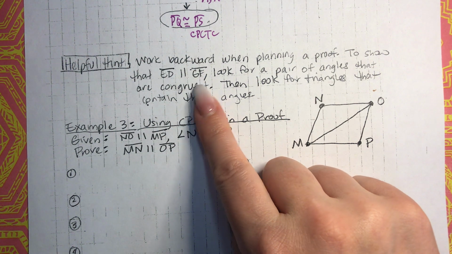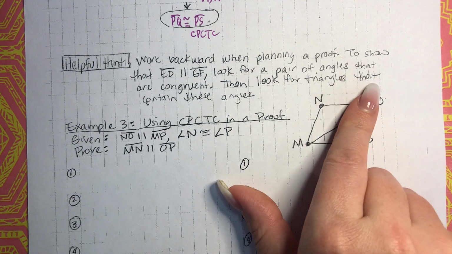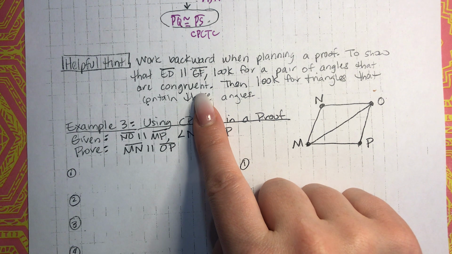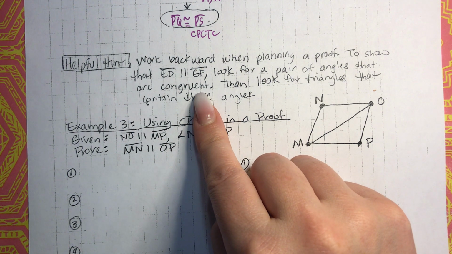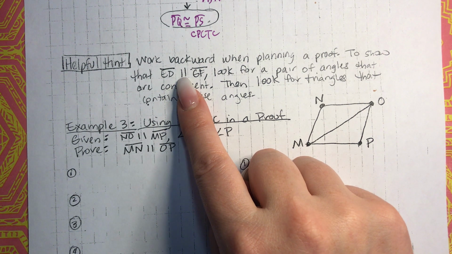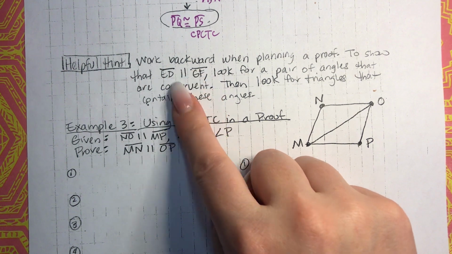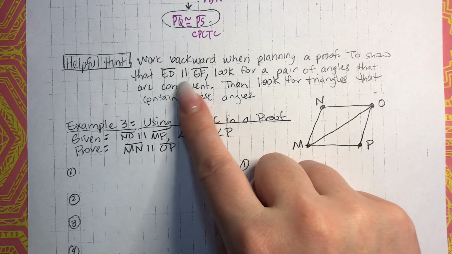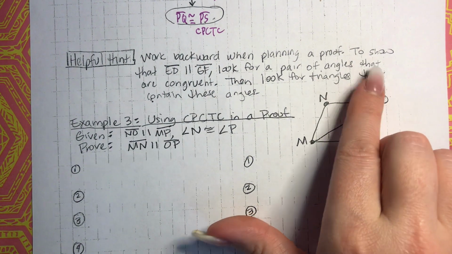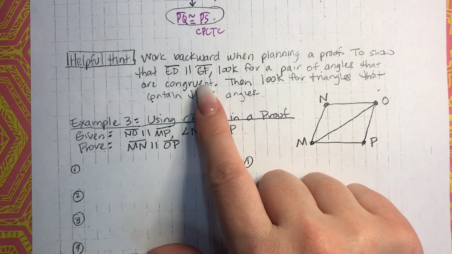You look for a pair of angles that are congruent, and if you find those, you might be able to say that the lines are parallel because of the converse of alternate interior angles, alternate exterior angles, or of course the converse of the corresponding angles postulate. Any of those things can prove that two lines are parallel. So look for a pair of angles that are congruent.